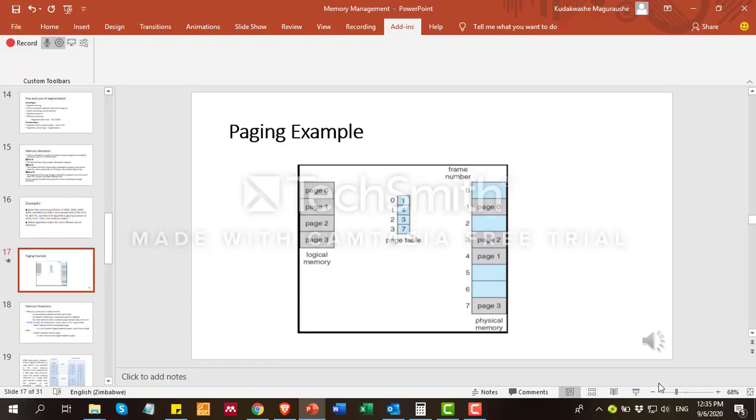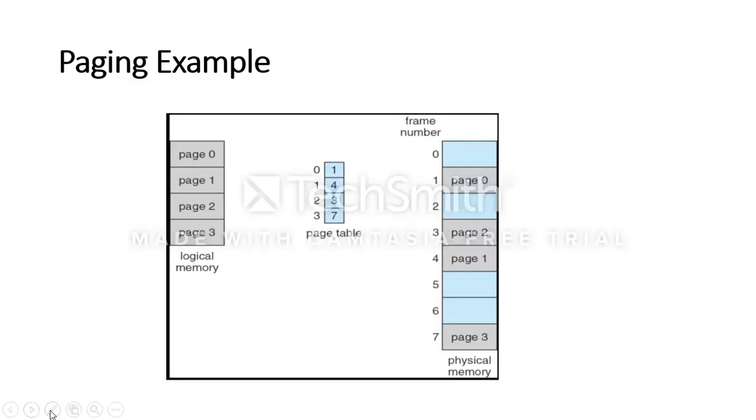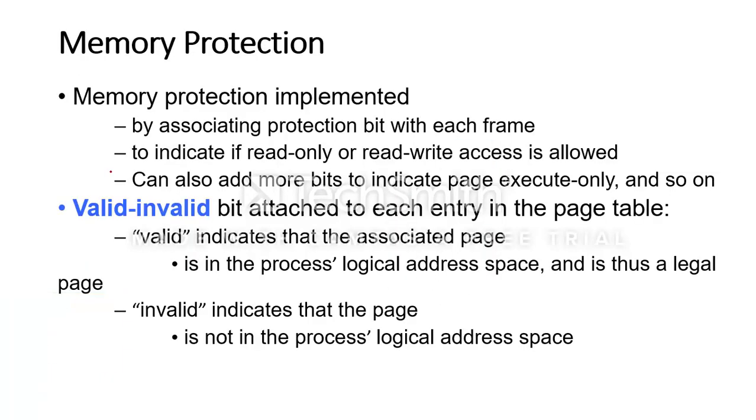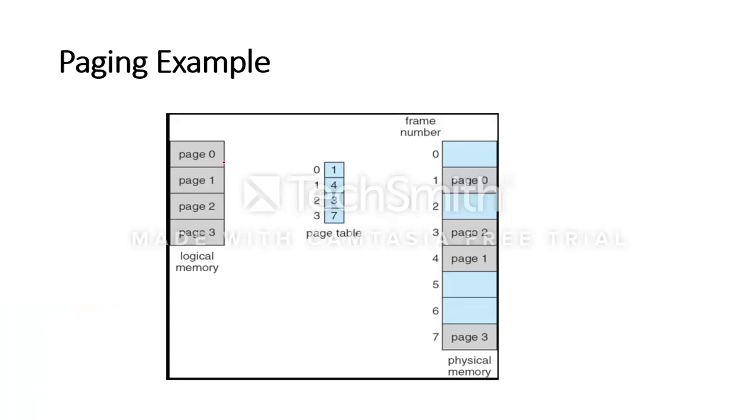But within the context of what I have on my screen right now, we have our physical memory here, right? We also have logical memory, then physical memory. So this is our page table in between the two, logical and physical. What does the page table do?